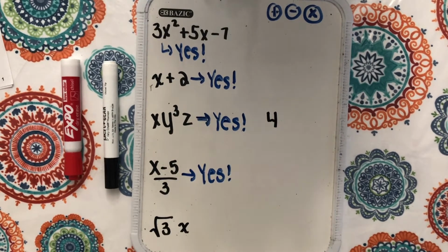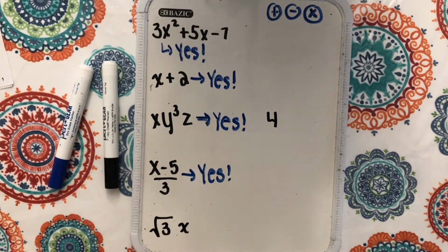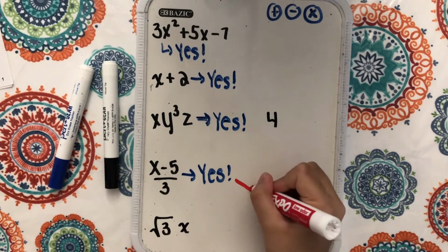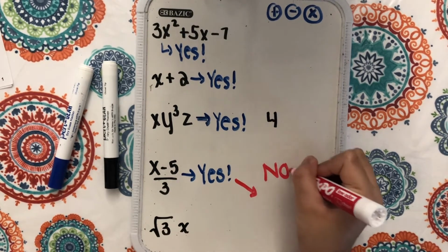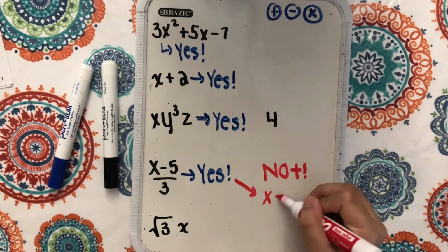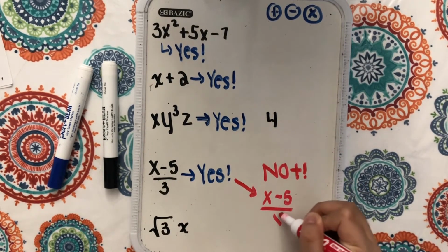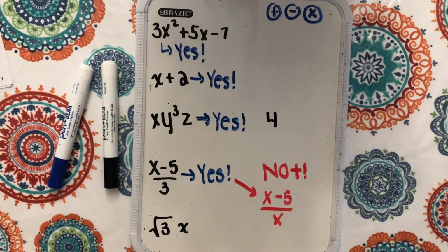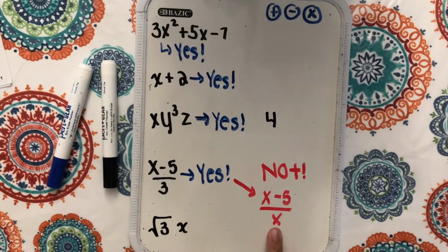There's one example which I want to call to your attention, which is different, which is not a polynomial. If I had x minus 5 over x, this is not a polynomial because now we are dividing by a variable. By definition, polynomials only have adding, subtracting, or multiplying variables.